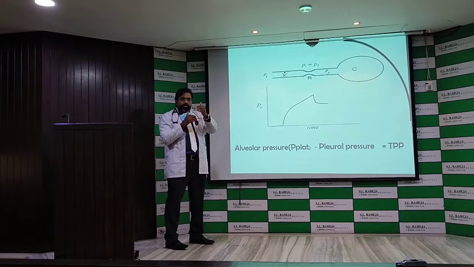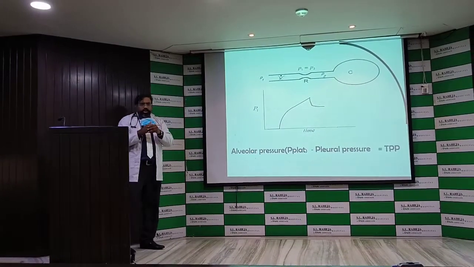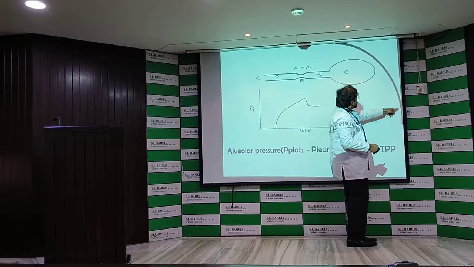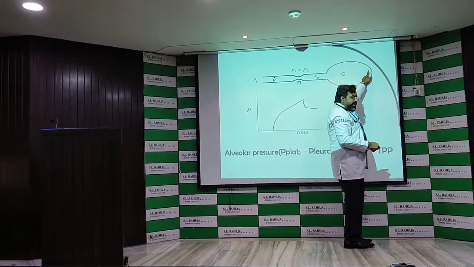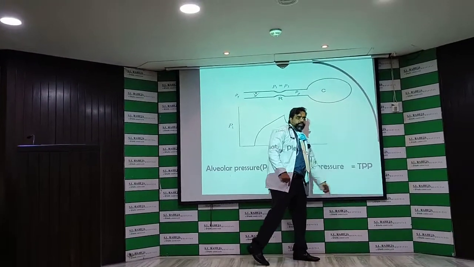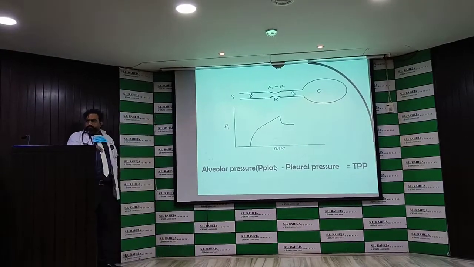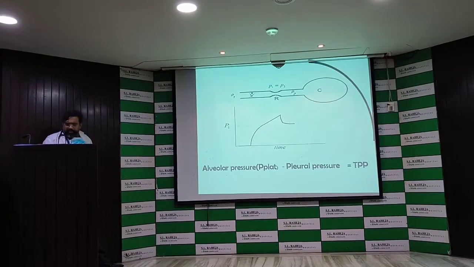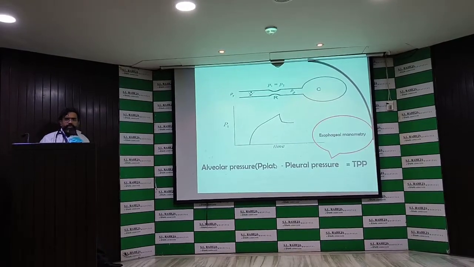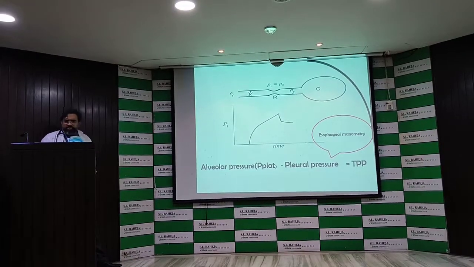I want to know my actual lung distending pressure. How will I know that? Only when I subtract this pressure, I will know my lung distending pressure, which is my transpulmonary pressure. Clear? And how do you get that pleural pressure? This is what comes in. That's why we use it. You understand? This is esophageal pressure.